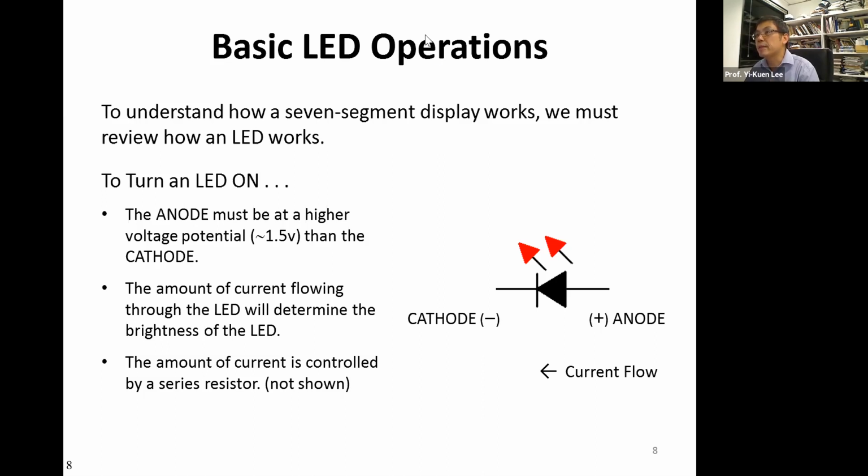Typically, we have seen the typical behavior of an LED. For the typical LED, X is VD and Y is the current through the LED. In general, we have this kind of nonlinear behavior. So if we apply a voltage, for example 5 volt, to this kind of LED, what happens?